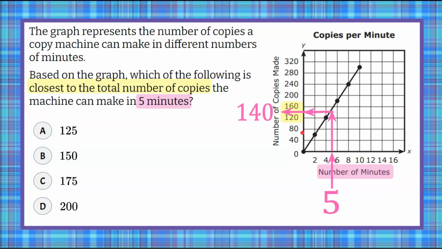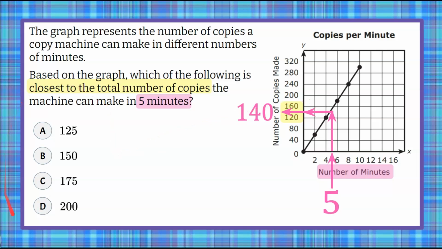Each interval here is increasing by 40. Half of 40 is 20. So 120 plus 20 is 140, plus 20 is 160. So 140 is halfway between these two values, where we're about on our line if we go up from 5 and over to that y-axis to determine the number of copies made.